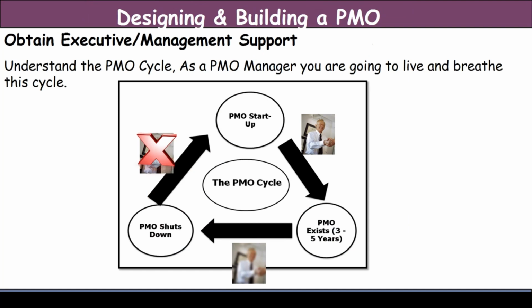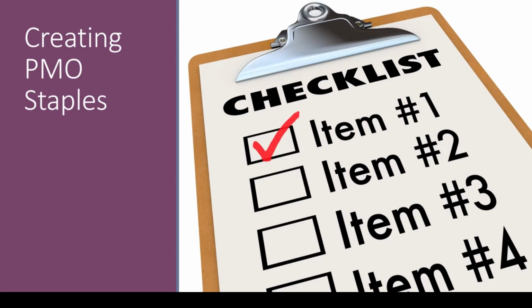And so the cycle continues and continues and continues. I have lived and breathed this cycle 5 times in my career. I've been through it 5 times. And so it's very, very important that you understand the cycle and you understand you will go through this as well. Excellent. Let's go to step 3.